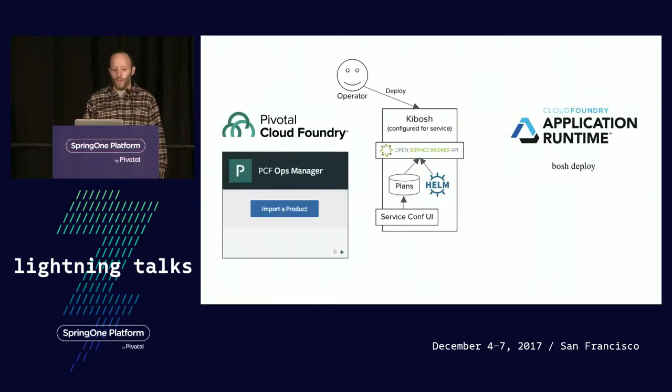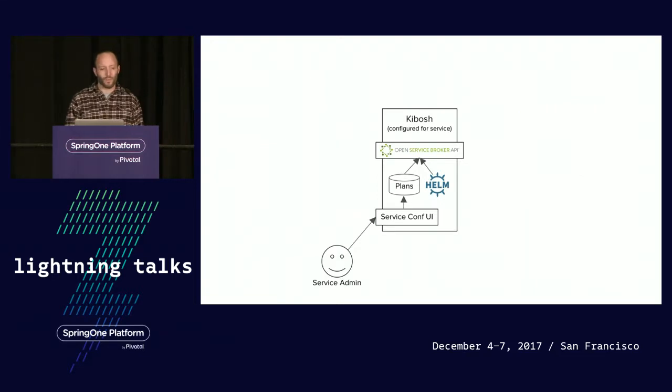One thing that we want to do is give the operator a familiar feel. If you're on Pivotal Cloud Foundry, the service software should be deployed as a Cloud Foundry tile that you would install through Ops Manager. If you're on open source, then it would be the typical ways you do that with applications or BOSH releases.